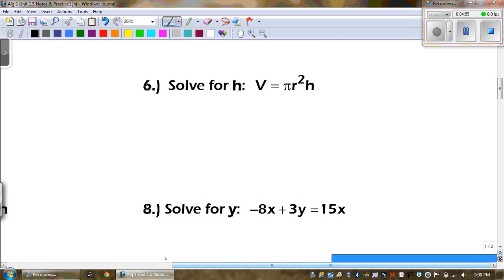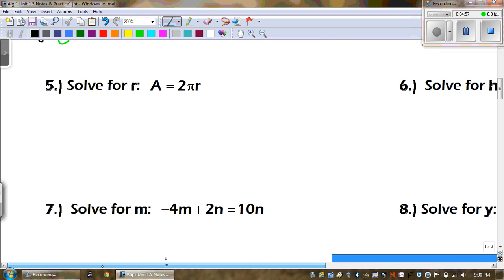Okay, number 5. Number 5 says solve for r. There's r right there, okay? And this is just like our example before where all of these are multiplying, and to get rid of multiplication, we divide. What you divide one side by, you have to divide the other side by.